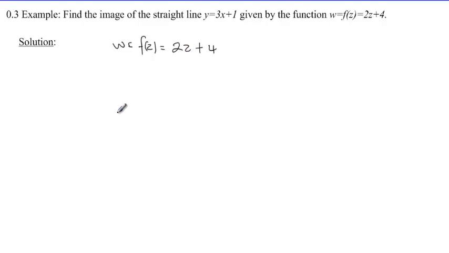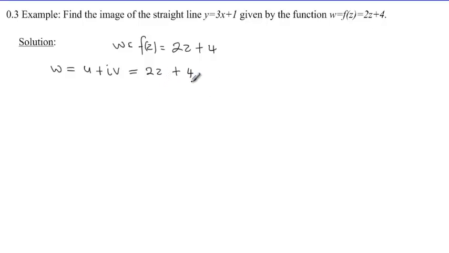To solve this problem, first of all we must know that omega is written as u plus iv, which in this case we are told is equal to 2z plus 4, which is our f of z.